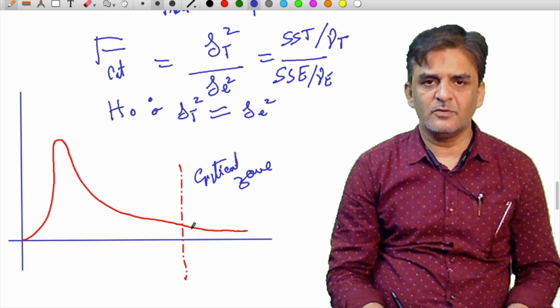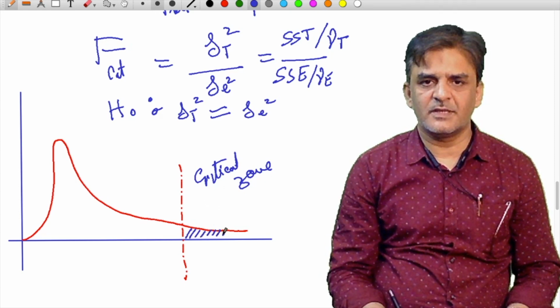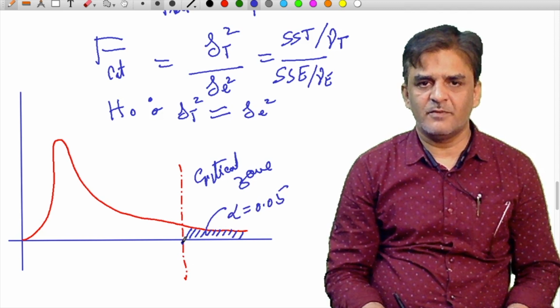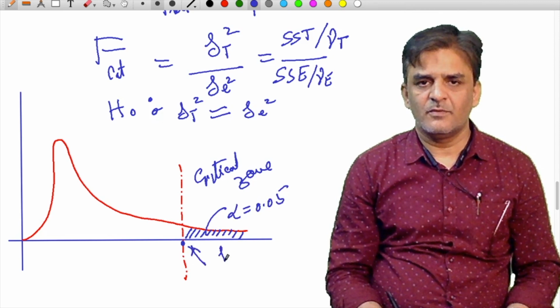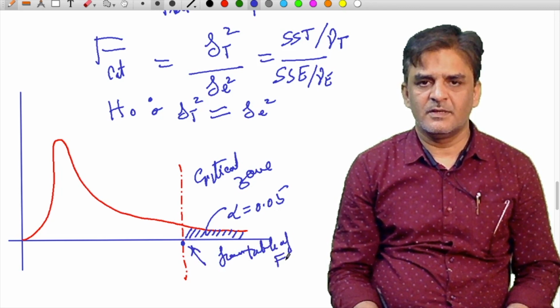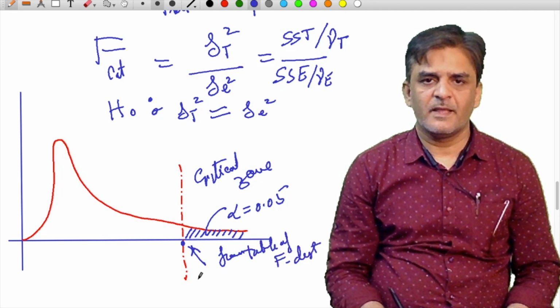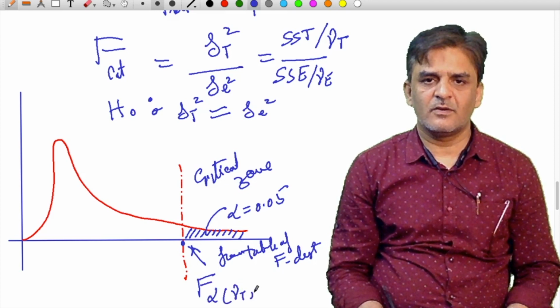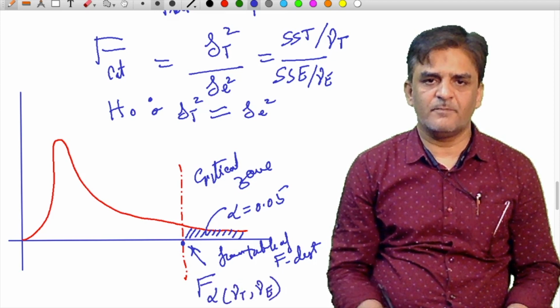When we fix the critical zone, we fix the type 1 error as alpha, which is 0.05. So if alpha is 5 percent, we find the F value from the table of F distribution, and that will be F alpha, nu treatment comma nu error.